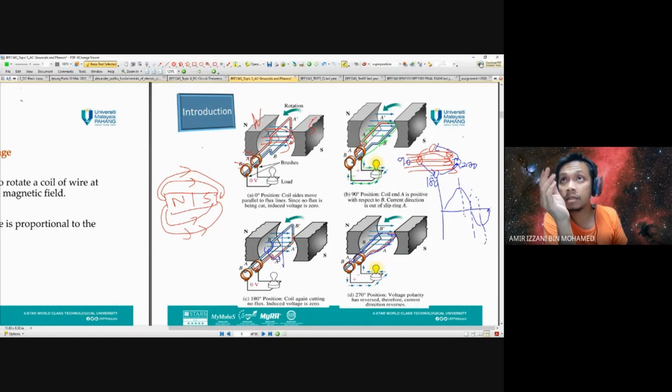The blue conductor, B, is connected to this ring. A is connected to this ring. Current flows this way. So which conductor are we looking at?